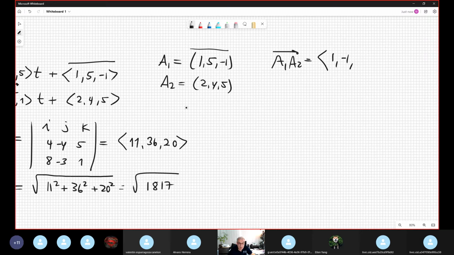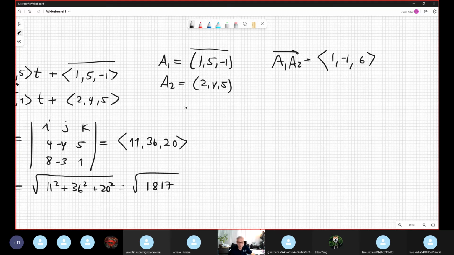And 5 minus 1, be careful with the sign. 5 minus 6, right? 6. This is the same idea that we studied the first day. It's a vector between 2 points. You're subtracting the components, the one that has the arrow, A2: 2 minus 1, 4 minus 5, and 5 minus 1 is 6.